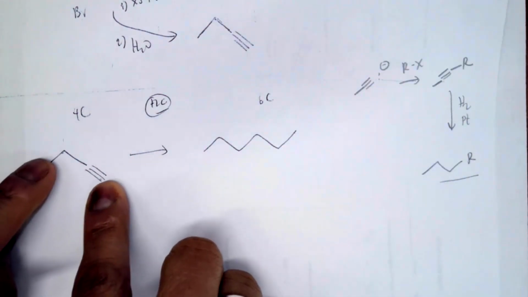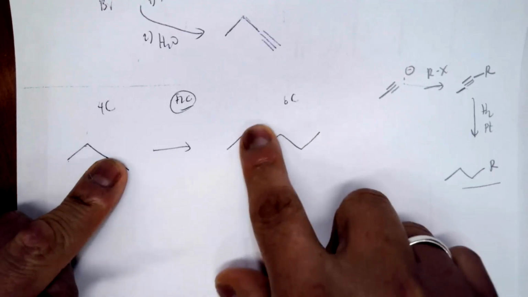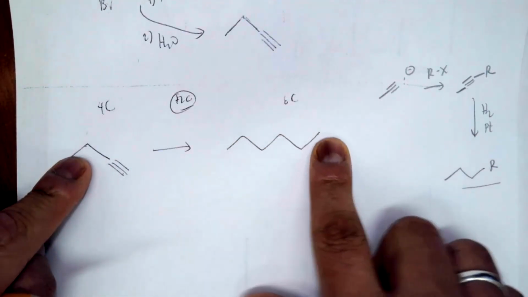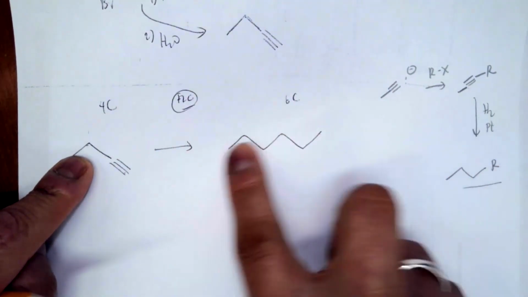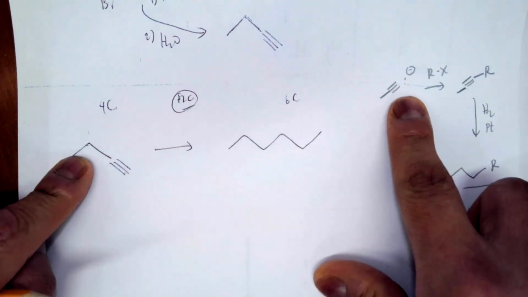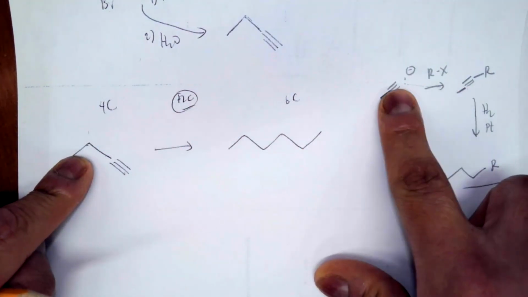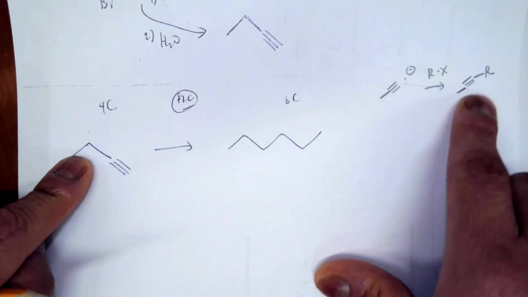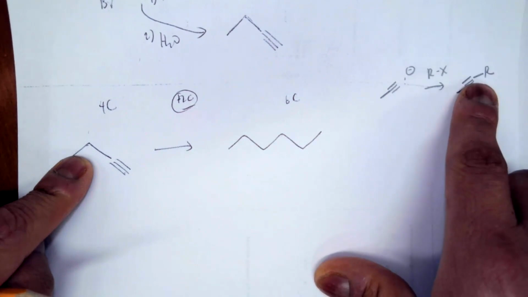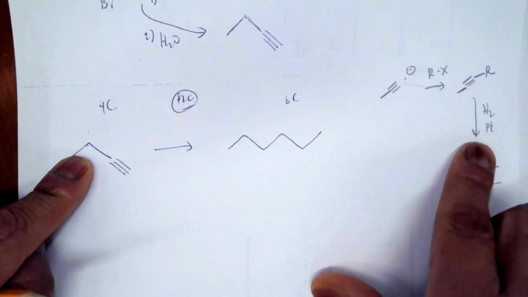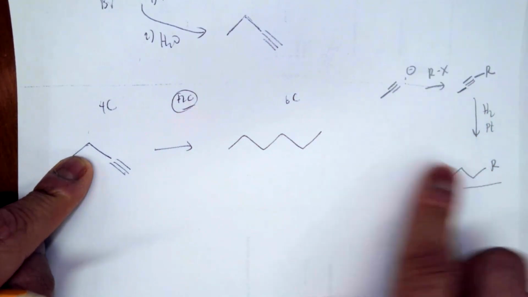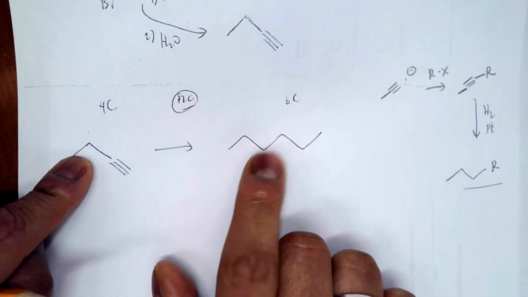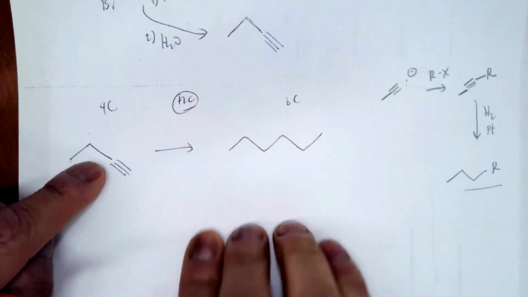First you have to identify, okay, I'm elongating my chain. Yes, I'm elongating it by 2 carbons. Okay, good. The only way you can elongate a chain is with the alkynide ion. With the alkynide and an alkyl halide, you get the longer chain. And then this longer chain can be reduced with H2, Pt to an alkane. That's what we're going to do. Okay, good, makes sense, right?